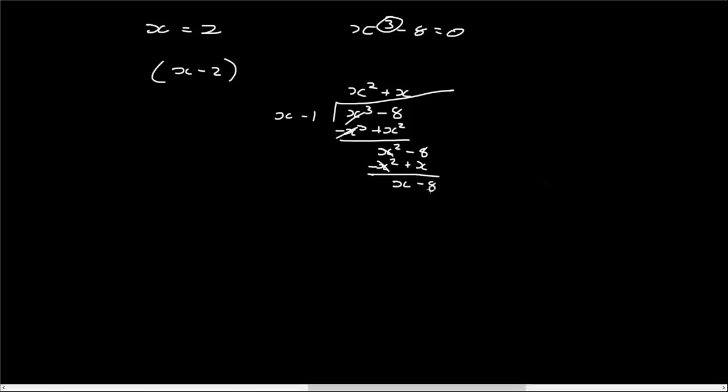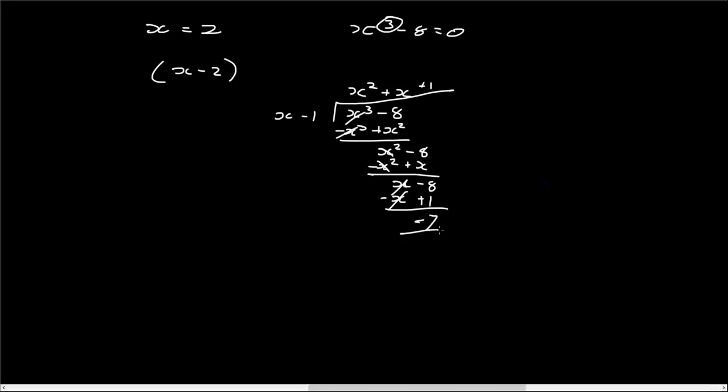x goes into x 1 time, plus 1. Multiply x minus 1, change the signs, those cancel, and we're left with minus 8 plus 1, which is minus 7.